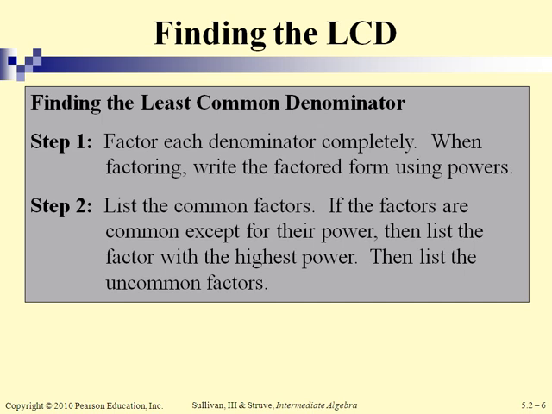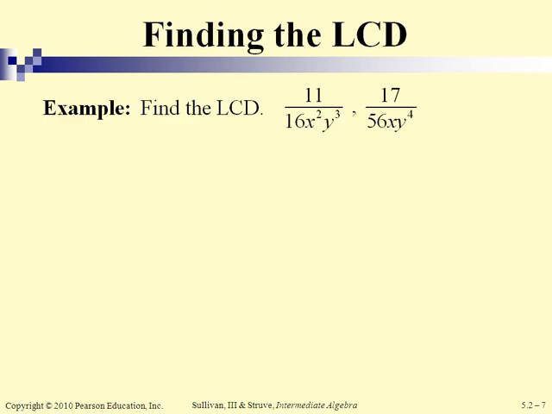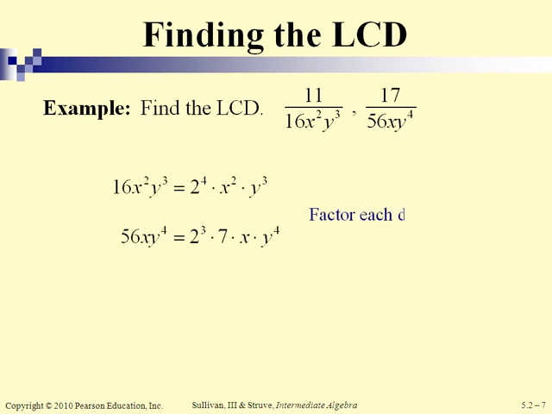Okay? Now, let's come back to the rational expression. The same principle. Find the LCD for these two rational expressions. Well, first of all, you try to factor each denominator. Can you follow?